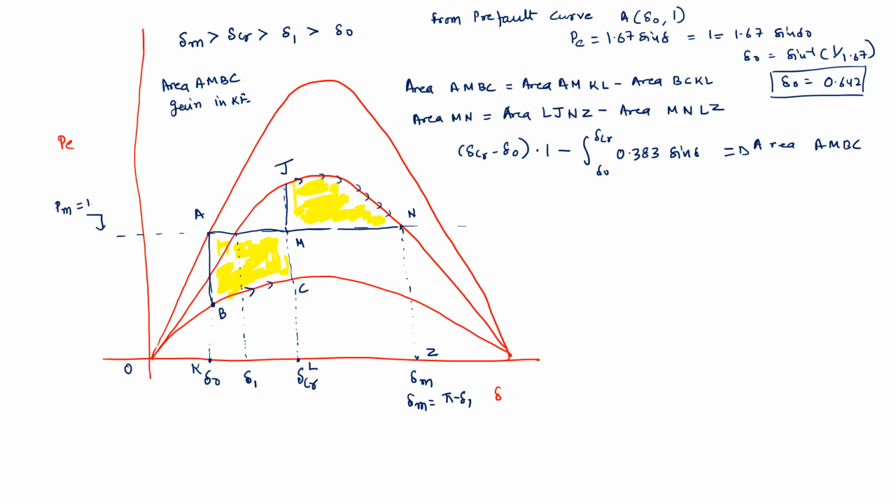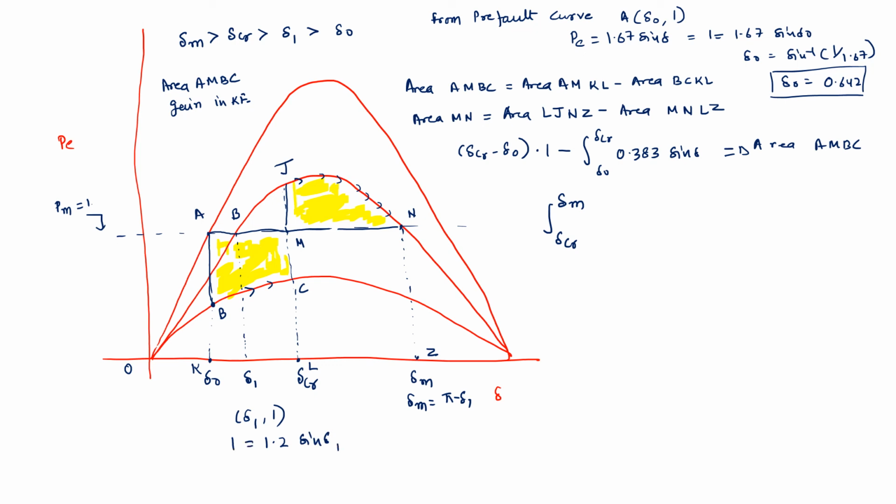So I will integrate from delta CR to delta M. Now delta M I have to calculate, so I will find the intersection between these two. Let me say this is point B. Point B is the new operating equilibrium. The coordinates of point B are delta 1 and 1, and the expression is 1.2 sin delta.